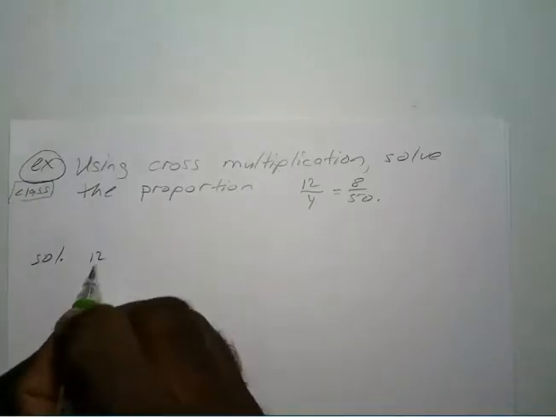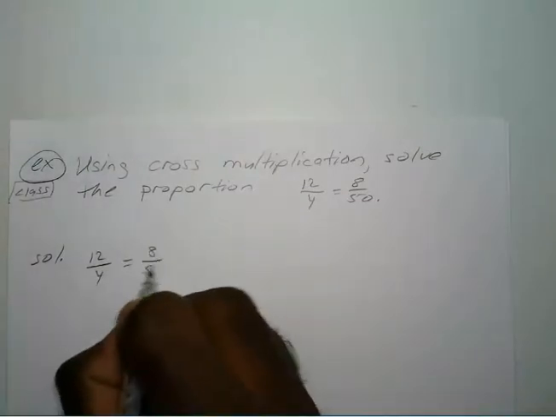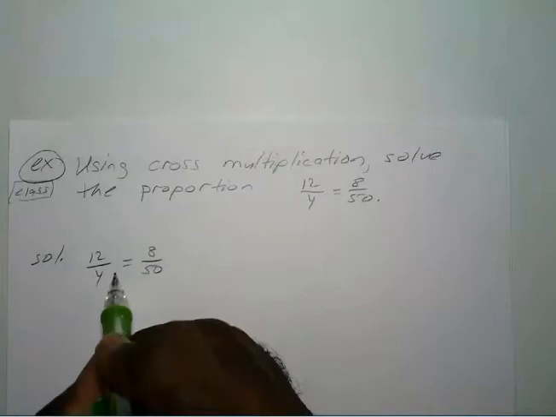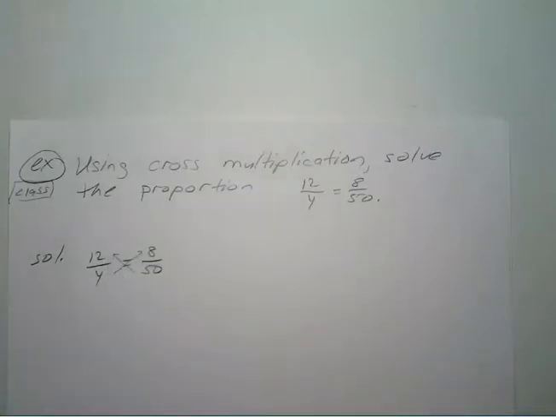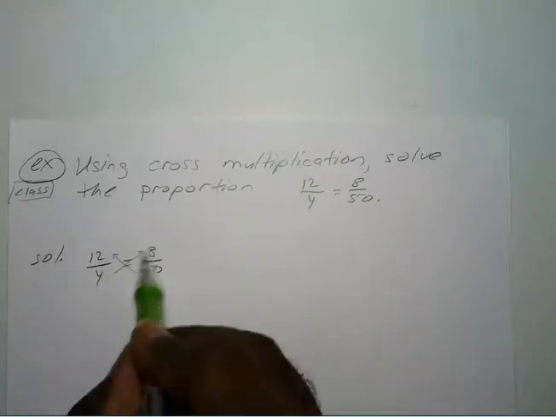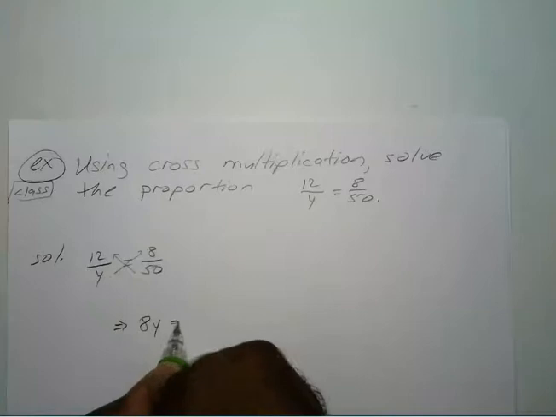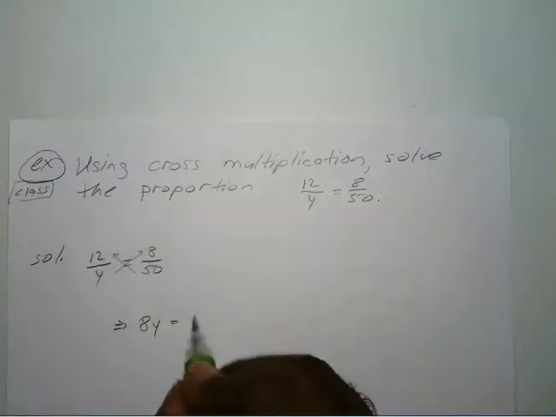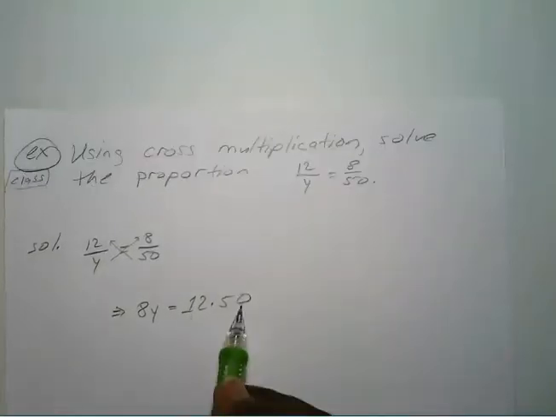Okay, so 12 is to y as 8 is to 50. We use our cross multiplication. So you have 8 times y equals 12 times 50. 12 times 50 is 600.